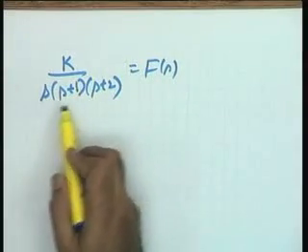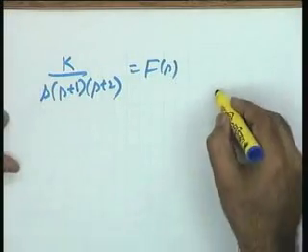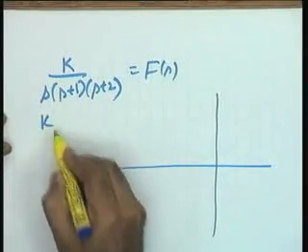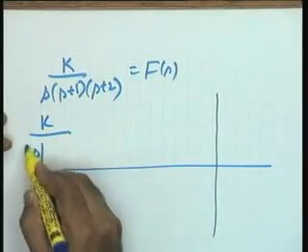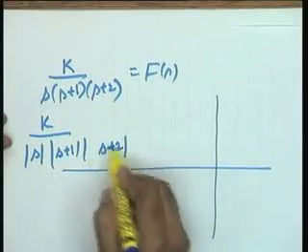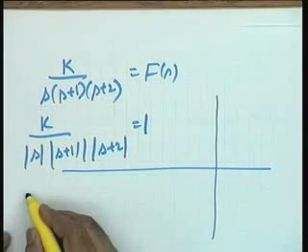F(s) is equal to k over s into (s plus 1) into (s plus 2), we have already taken. Now you see that the magnitude condition is k divided by magnitude of s, magnitude of (s plus 1), magnitude of (s plus 2), equal to 1. Help me, what is the angle condition?